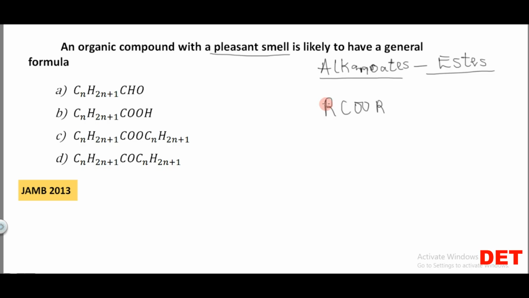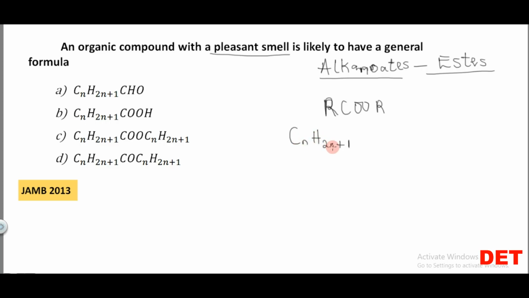I said that R is your alkyl group, so the structural formula for the alkyl group is CnH2n+1.